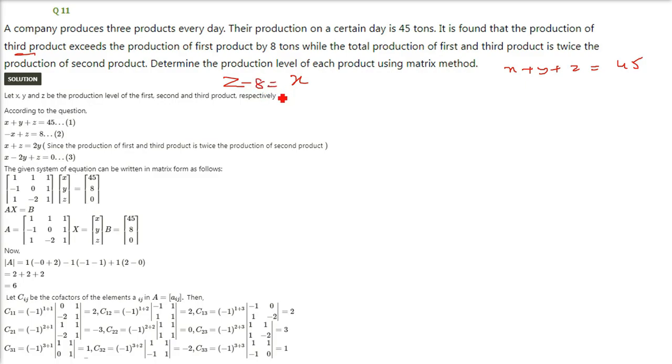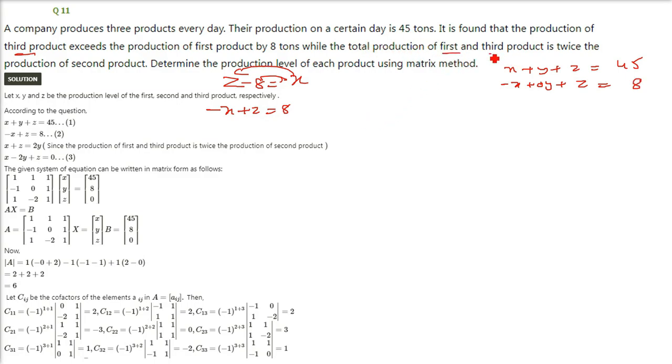Z minus 8 will then equal X, because it exceeds, so you have to subtract. So this will be negative X plus Z equals 8. You can write this equation as negative X plus 0Y plus Z equals 8. This is your second equation. Now the third equation.